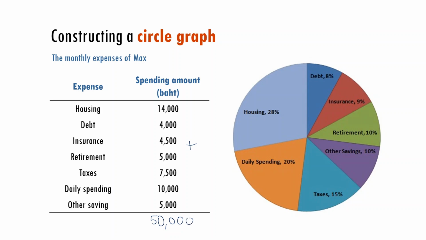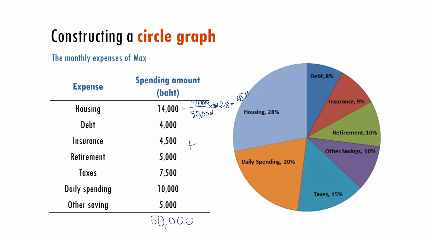Now we're gonna find out how many percent goes to housing. You just use 14,000 divided by 50,000, and I get 0.28. To make it a percent, we multiply by 100, so I get 28%.